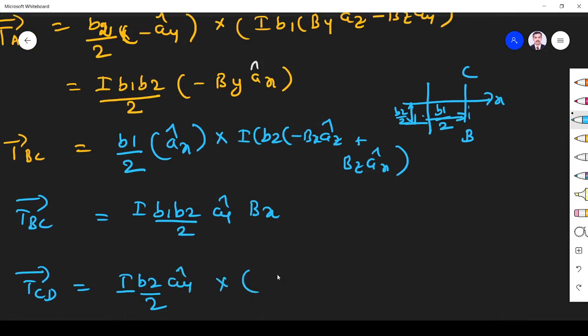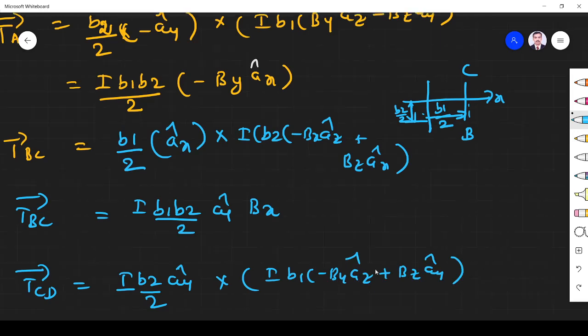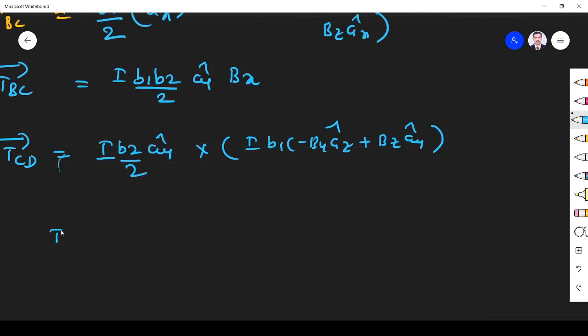cross, what is the force on CD? That is given by I into B1 minus BY AZ and plus BZ AY. Fine. So now if you simplify, you get TCD as I into B1 B2 divided by 2 BY minus AX. Right.